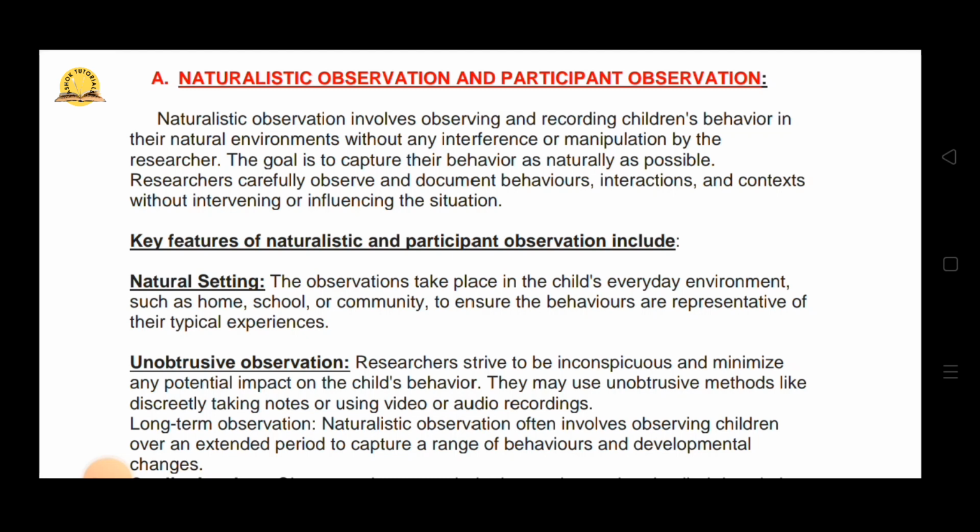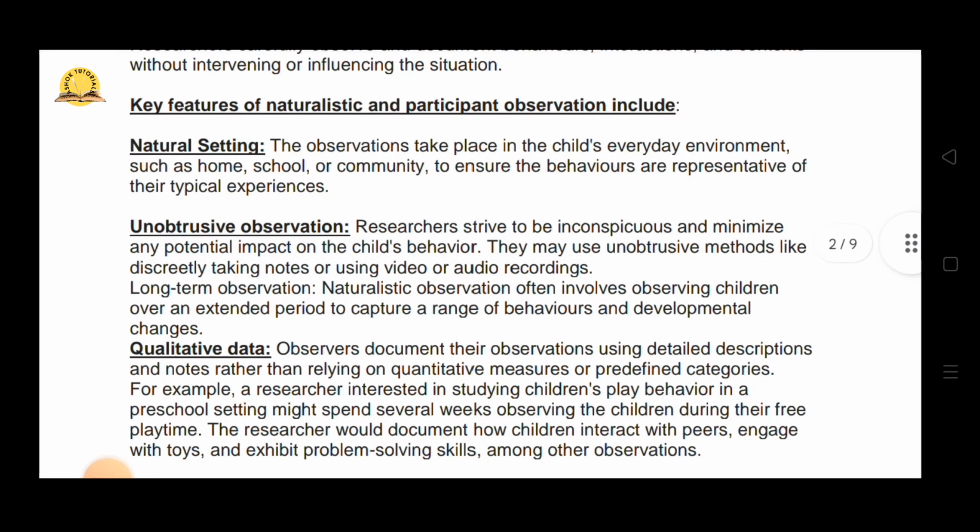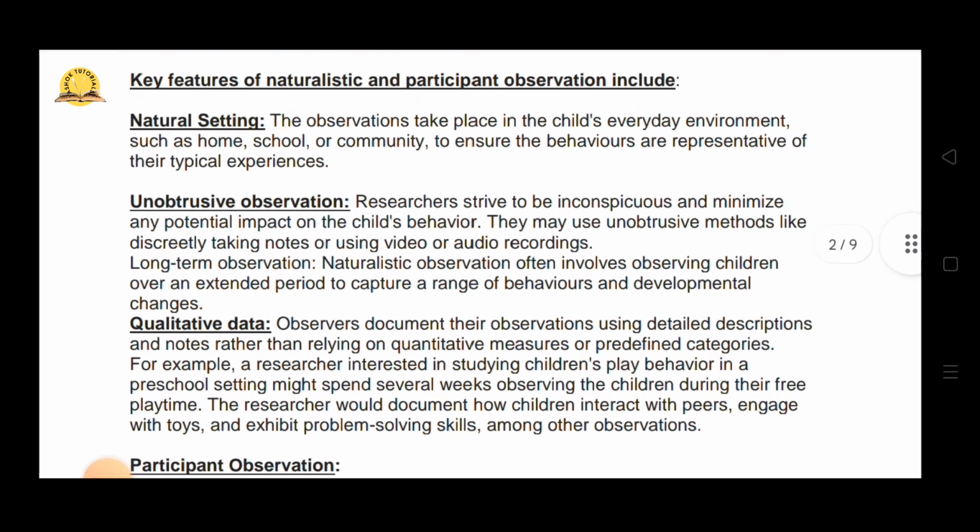Right, so let us see the different things we have here. Key features of naturalistic and participant observation. Number one is natural setting. The observations take place in the child's everyday environment, such as school, home, or community, to ensure the behaviors are representative of their typical experiences.